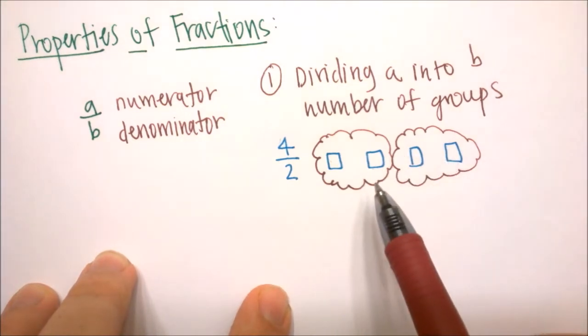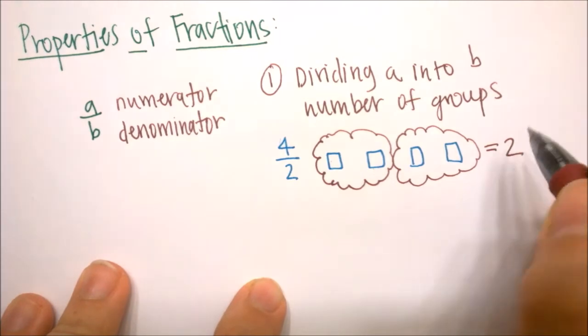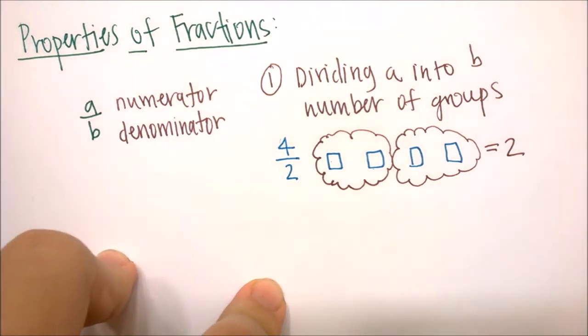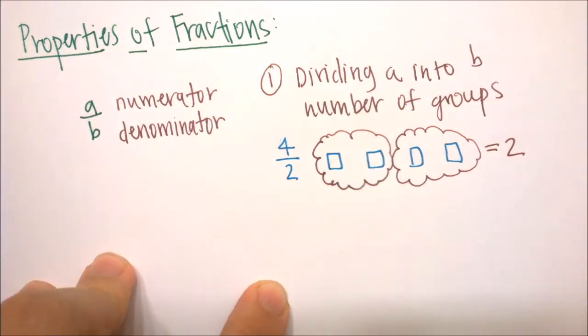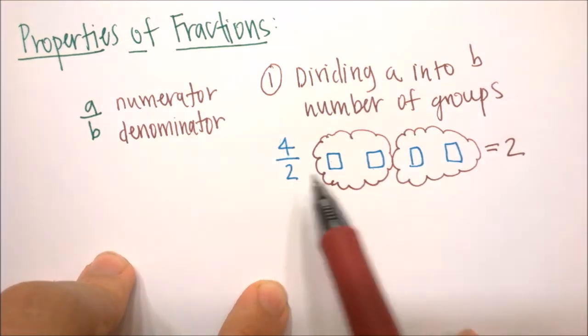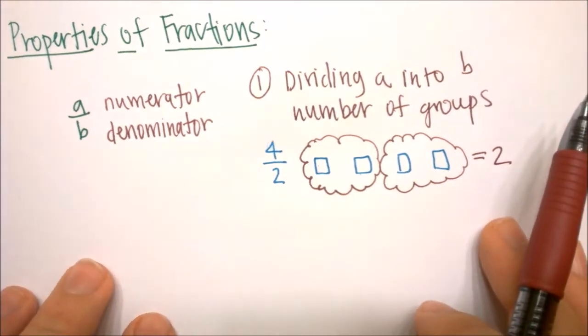So that's your answer. 4 divided by 2 equals 2, because when we divided what we had, 4 boxes, into 2 groups, there were 2 boxes in each group. So the number of boxes left in each group is your answer. So 4 divided by 2 is 2.